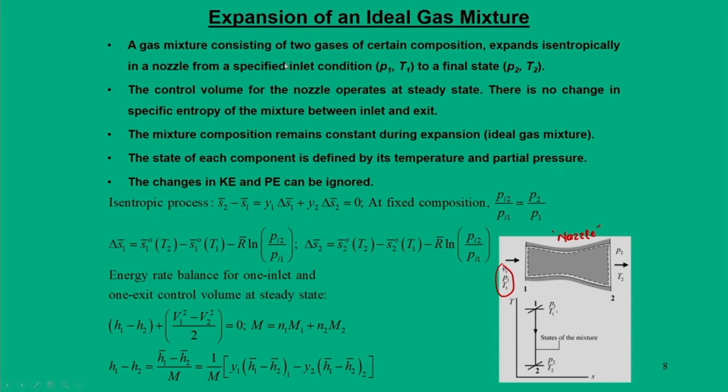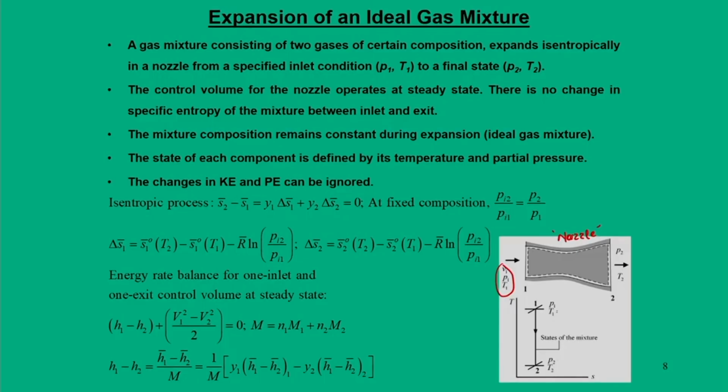In our previous analysis we used to say that only one gas expands in the nozzle, so the treatment was a little simpler when you dealt with the control volume analysis for the nozzle. But here a mixture expands in the nozzle.